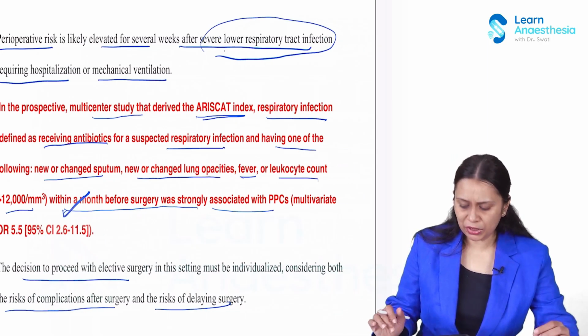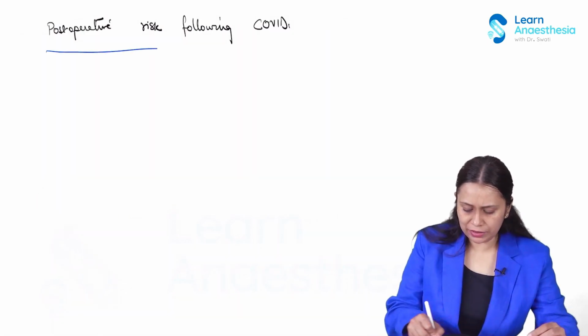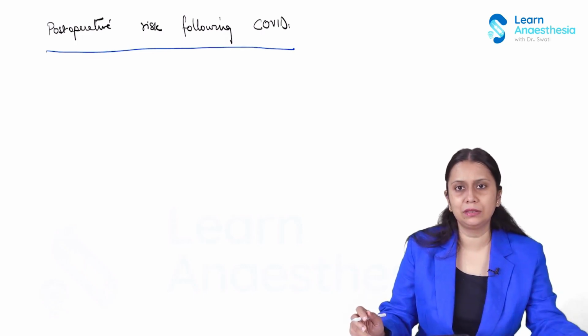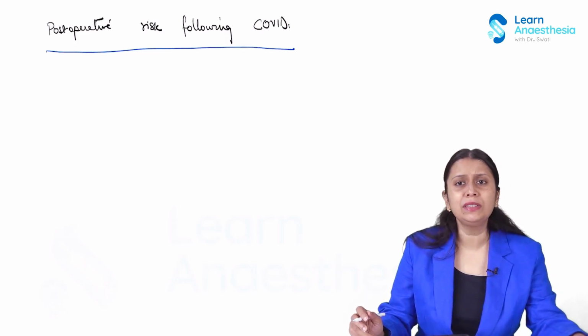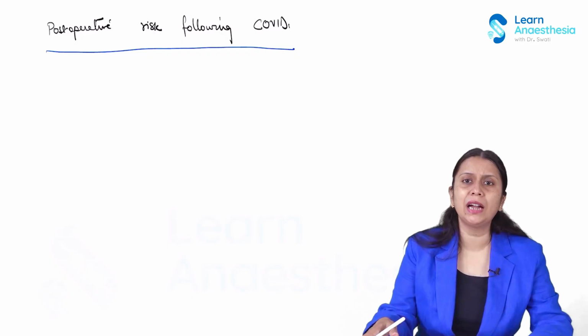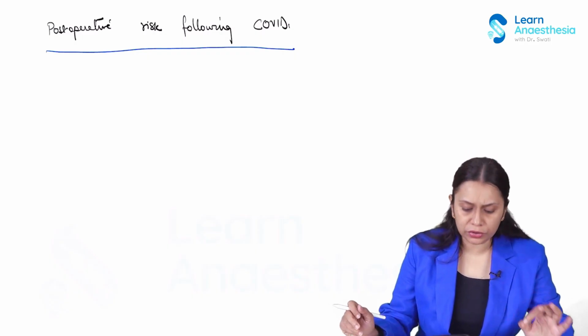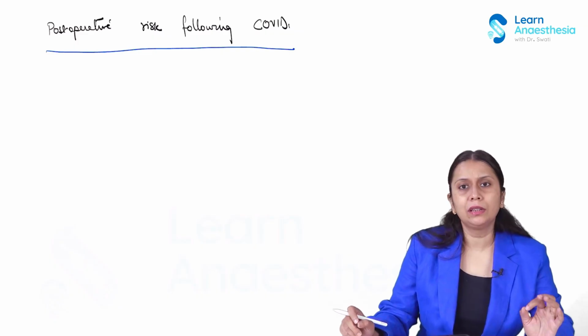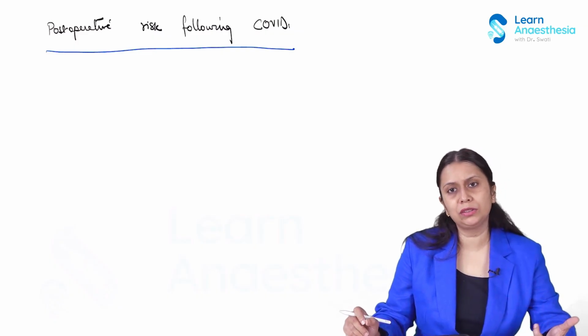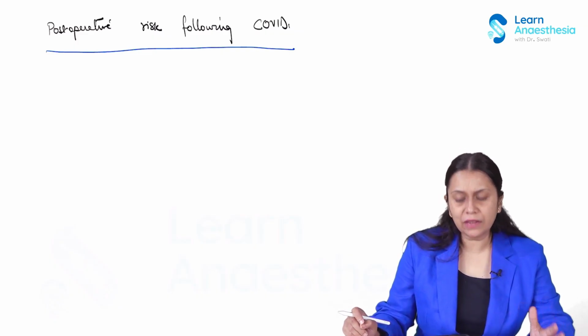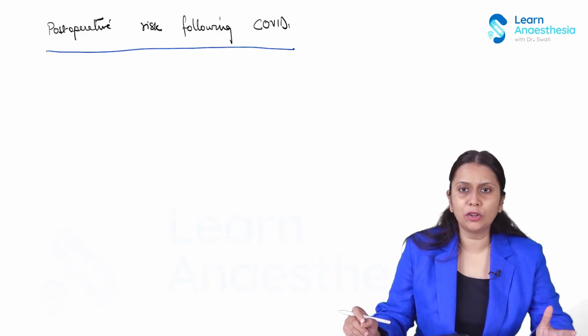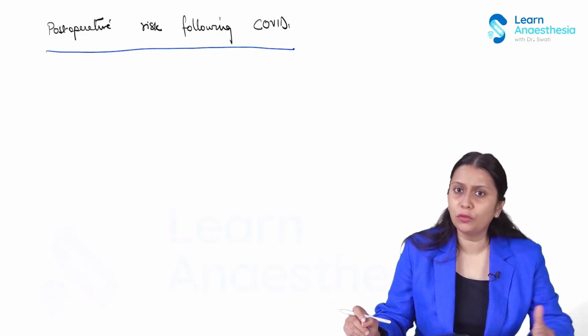Okay, if a patient has a recent COVID infection, what does that suggest? Previously, when a patient had any kind of COVID infection, mild, moderate or severe, the advice was that until 7 weeks after infection, the risk of pulmonary complication is higher, and overall complication is higher.